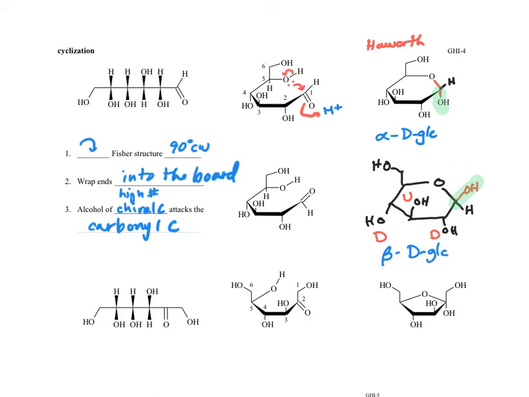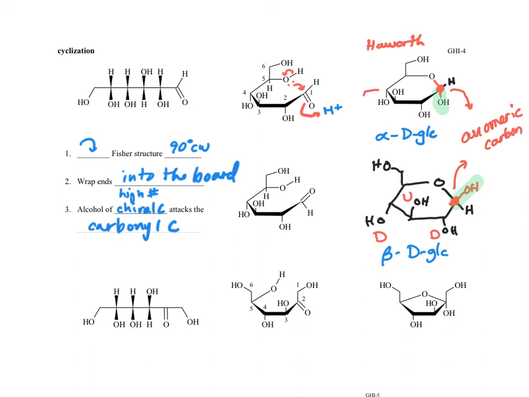Now, if you haven't figured it out, this carbon that we're working with, let's label it very carefully here. That's really important. It is a new chiral carbon, and it was derived from the carbonyl carbon. And I'm going to give the name that we call this. This is called an anomeric carbon.